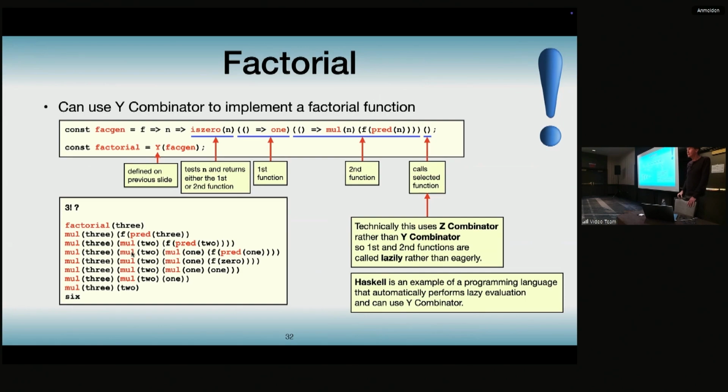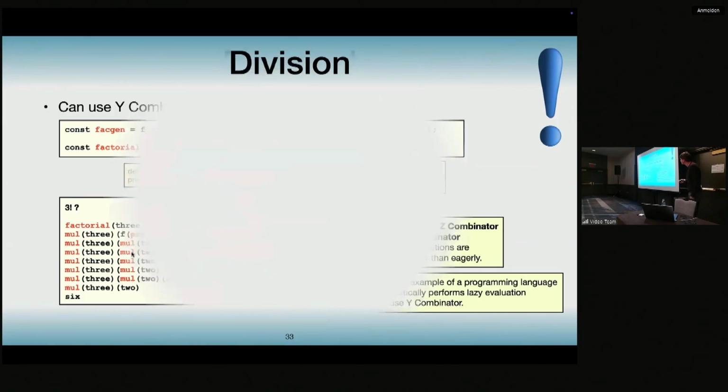In Haskell, when you have a call to a function, it doesn't really evaluate it. It waits for you to ask for the result. But JavaScript and most other languages are not like that. And that's why I needed this little bit here. And that's what makes this actually a use of the z combinator and not the y combinator. And so that's what this part is discussing.